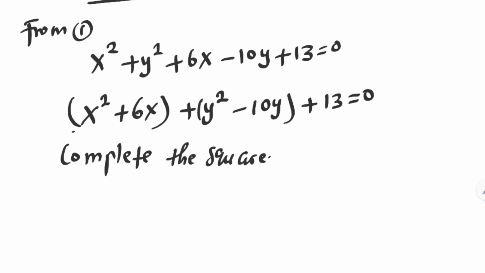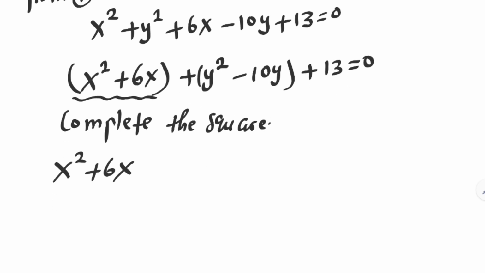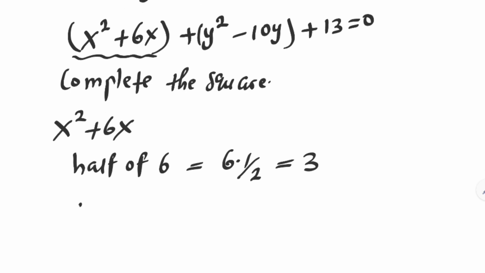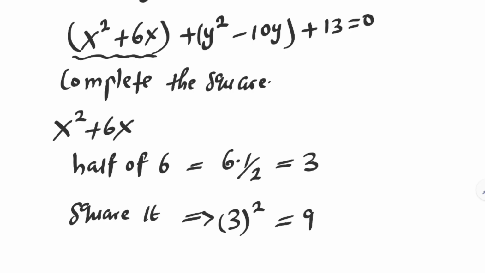To complete the square of x squared plus 6x, we need to take half of 6. This is 6 multiplied by 1 over 2, which is equal to 3. Then we need to square it. This is 3 squared, which is equal to 9.